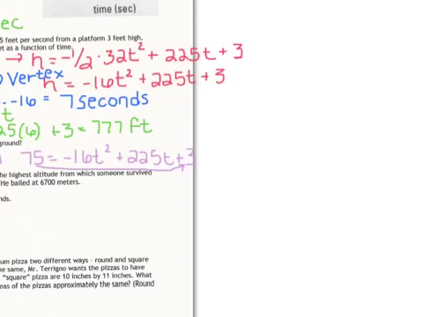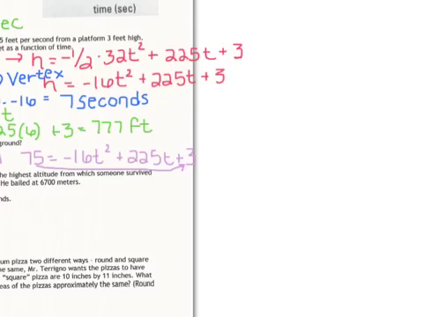And when I do that, I'm going to end up with, oh, let's see, negative 10.5 over negative 32, which comes out to be 0.328, and remember this is a time, so that's seconds, because what I'm really solving for here is t.